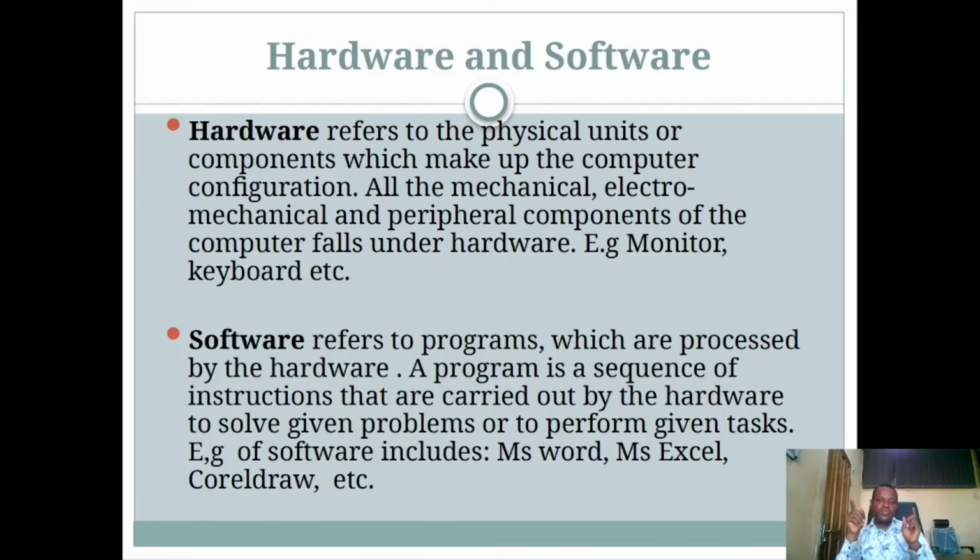So you discover that some people use software and programs interchangeably. It is allowed. A program is just the basic building block for the software. So that means that a software can consist of a series of programs. So what you know is that software refers to programs that enable a computer system to handle a specific job or to solve a particular problem.